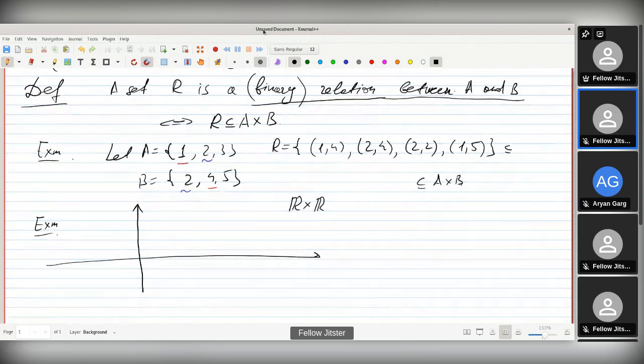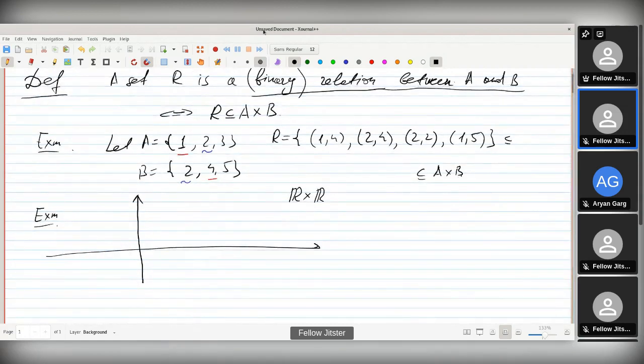In the plane, what will a binary relation be? If F is a binary relation between R and R, in fact, that means that F is a figure, some geometric figure in this plane.